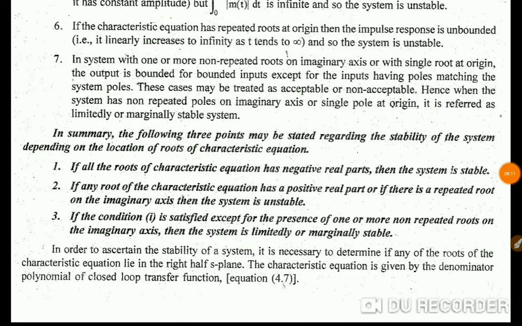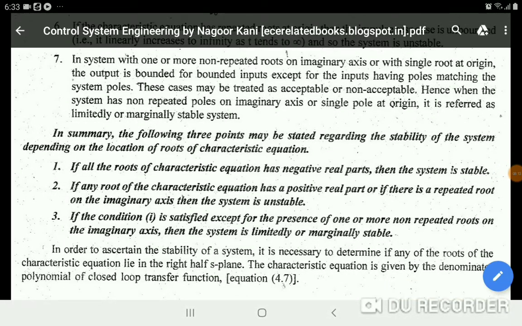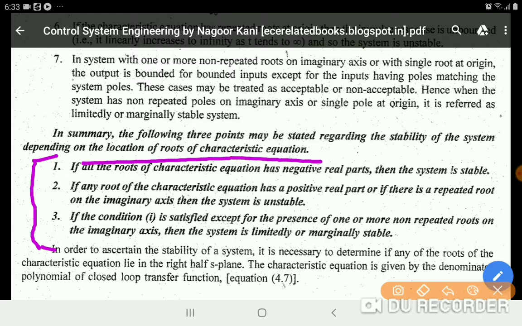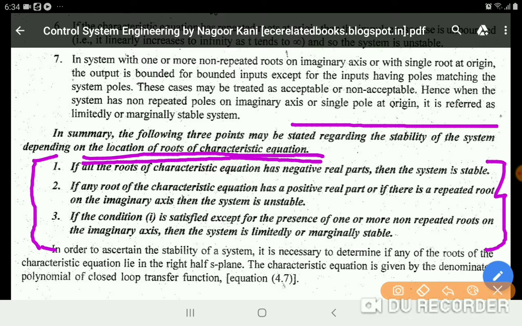You have to keep this in mind while doing a problem. These are all the summaries stated that depend on the location of the roots of the characteristic equation. The stability of the system depends on the location of the roots of the characteristic equation, and these 3 points you should keep in mind.